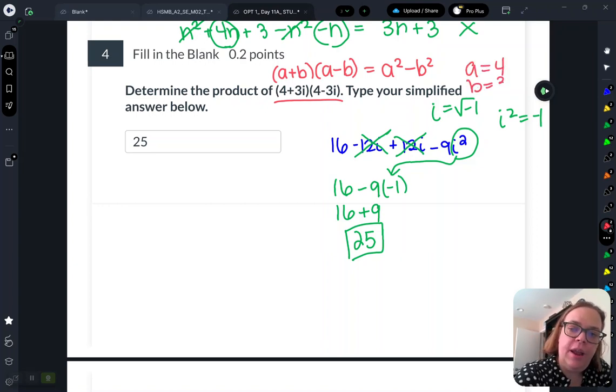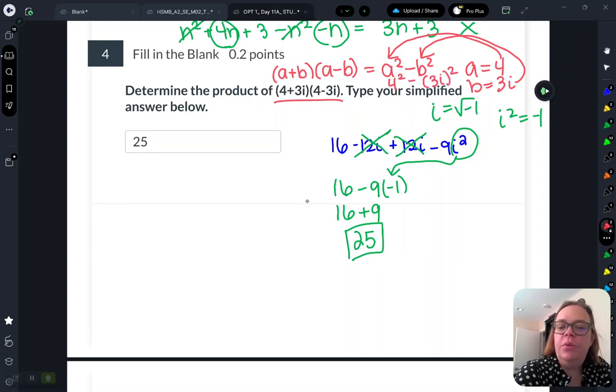So if you plug the 4 and the 3i in there, you get 4 squared minus (3i) squared. And basically that jumps you down to this stage, and then you can go from there. All right, 4 squared is 16. (3i) squared is going to give you negative 9 times negative 1 because the i squared is going to show up again.